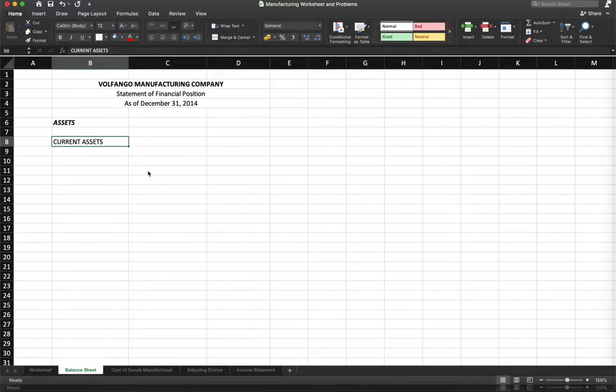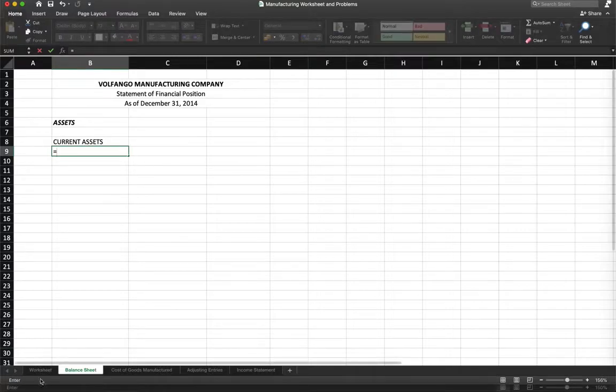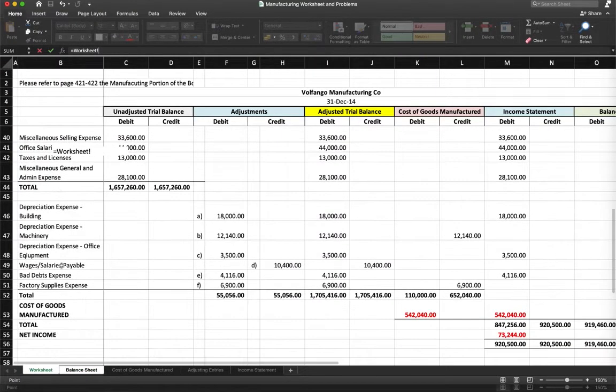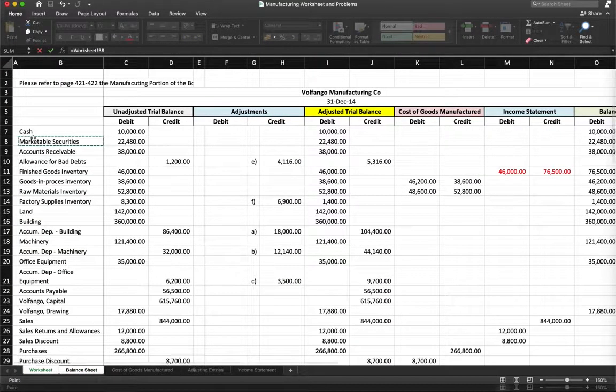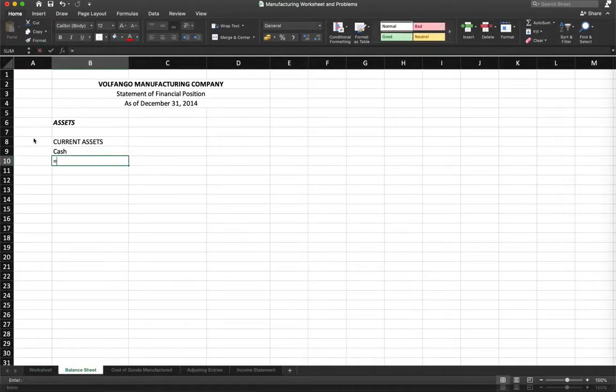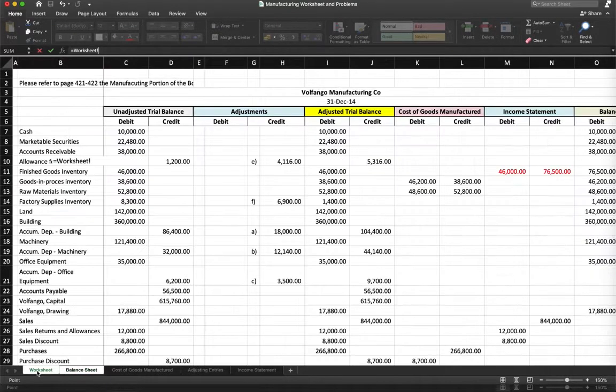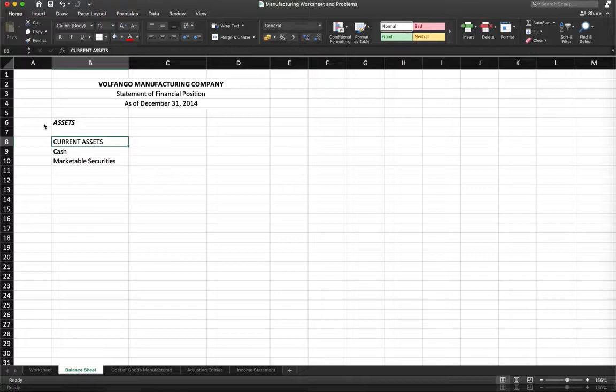So, ano mga current assets natin? Cash. And then, marketable securities. Kanina, yung sa income statement, meron tayong long method, meron tayong short method. Ngayon, gagawin ko yung dire-diretso, yung mahaba.